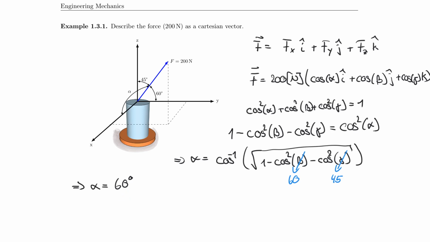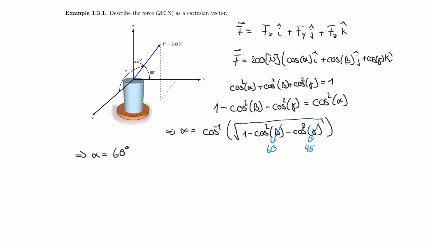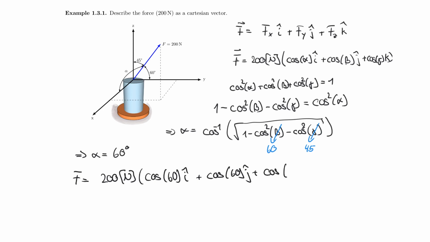All right, so now we can express our force. Let's do that next. I can now say that F is nothing else than 200 Newton times the cosine of 60 i hat plus cosine of 60 j hat plus cosine of 45 k hat.